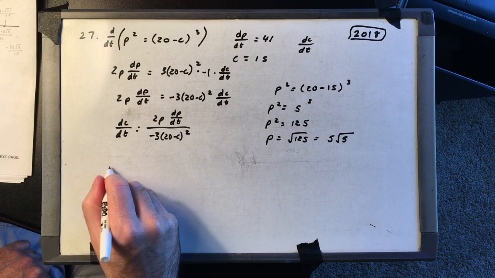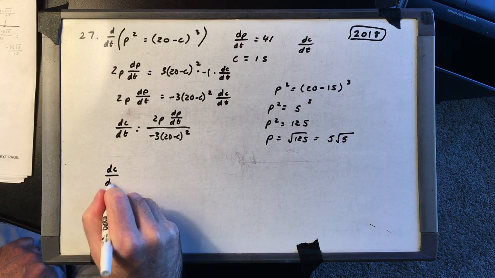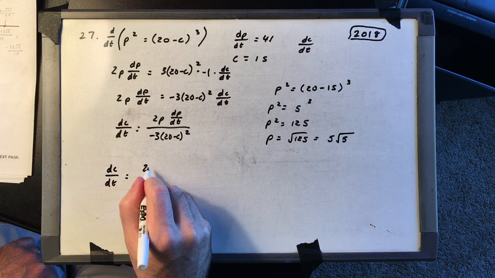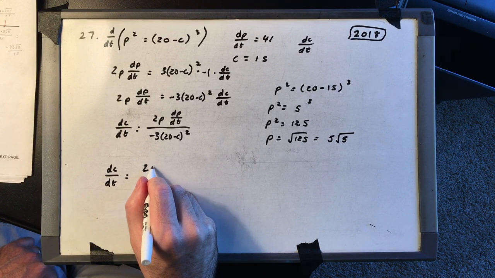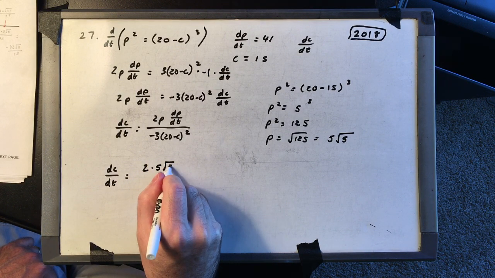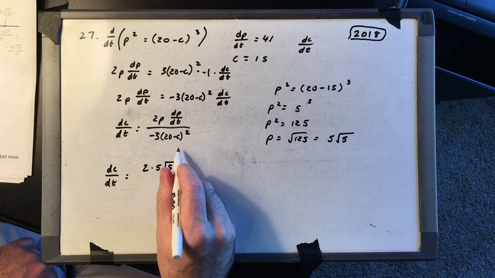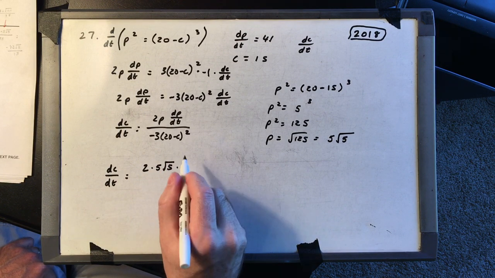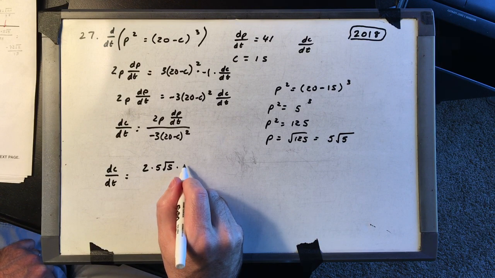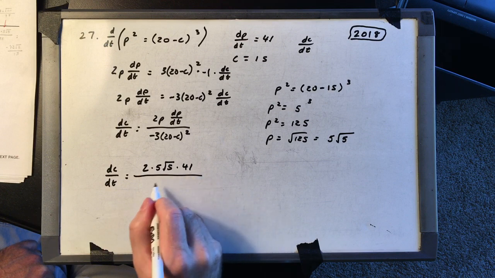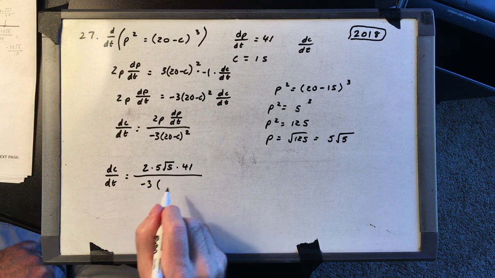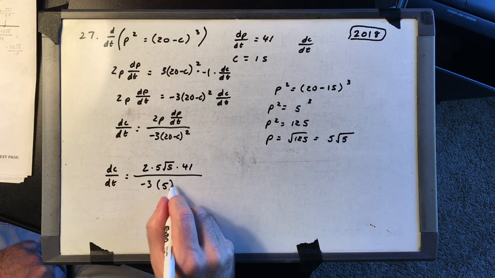Now let's plug in. dC dt is equal to 2 times p, which is 5 root 5, times dP dt, which is 41, over minus 3 times (20 minus 15) squared, which is 20 times 5 squared.